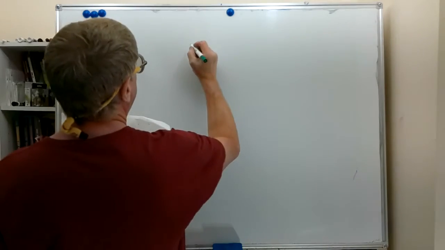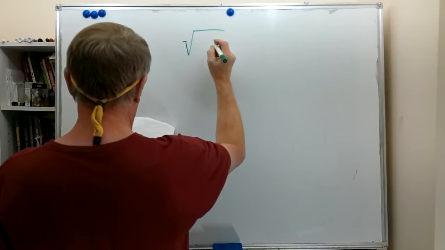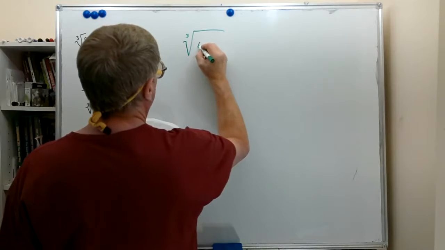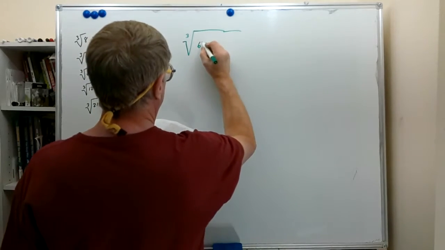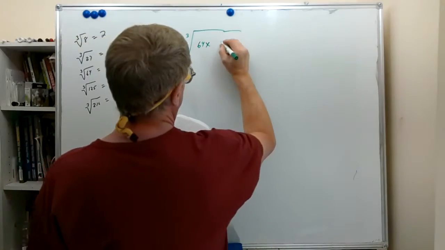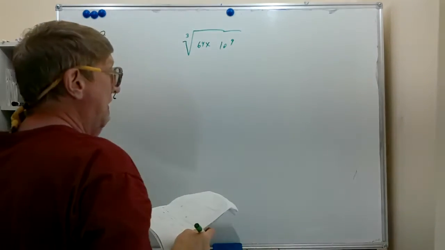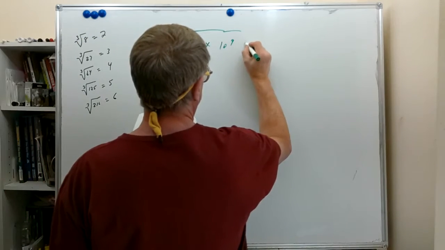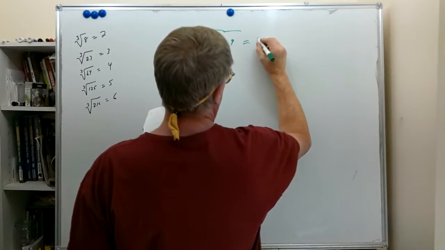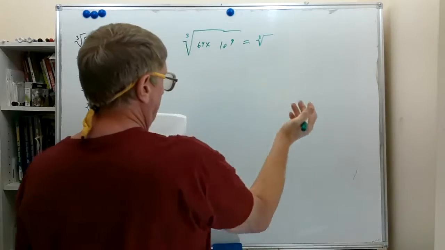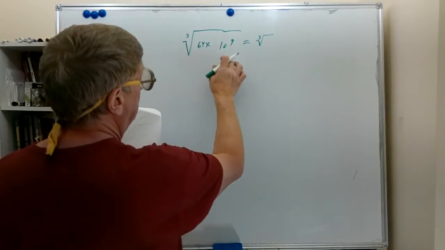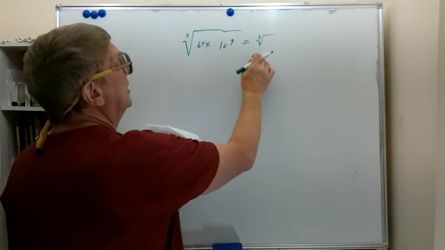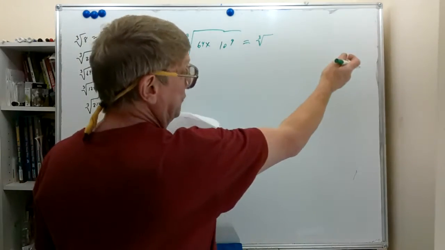We'll do one more like that. This one's going to be a cube root of 64 times 10 to the 9th. So we're going to separate them. Being factors or products, we can separate the root of products into the product of roots.